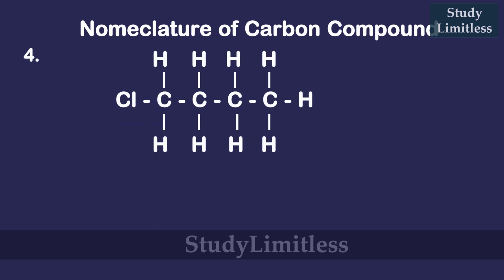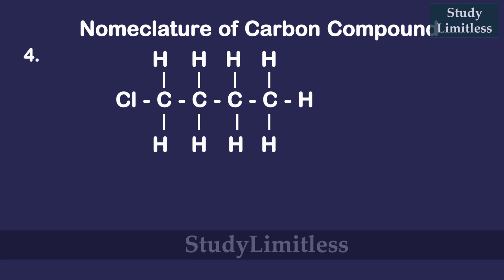Now what if you have a halogen group attached? Again, we count the number of carbon atoms. You have 1, 2, 3 and 4 carbon atoms. But remember, when you count the carbon atoms, start counting from the side which is closest to the branch or substituent, which over here is the chlorine, or where you have the double bond.